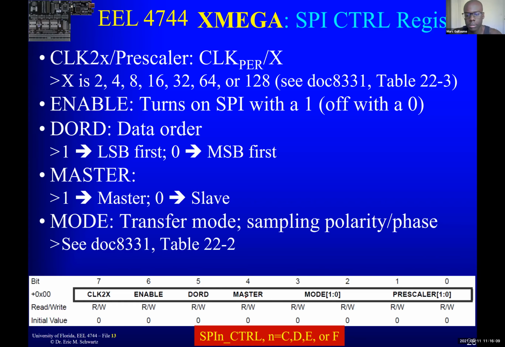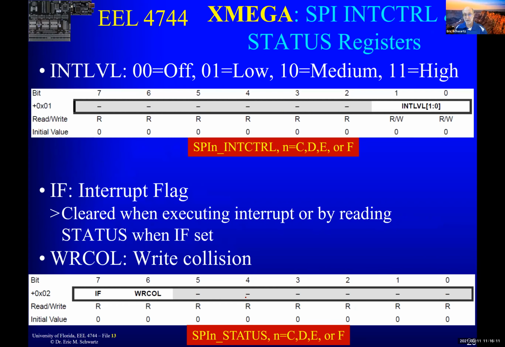Okay, then there's the interrupt control, which is just like every other system we've looked at with interrupts. Each of the ports, port C, D, E, and F, the same ports that did asynchronous serial communication, has one SPI. And so there's one thing that says, do you want to have an interrupt? 0, 0 is no interrupts, 0, 1 is low level, 1, 0 is medium level, 1, 1 is high level.